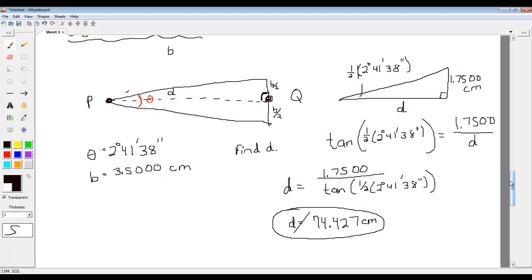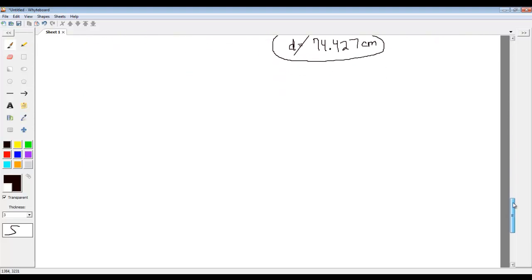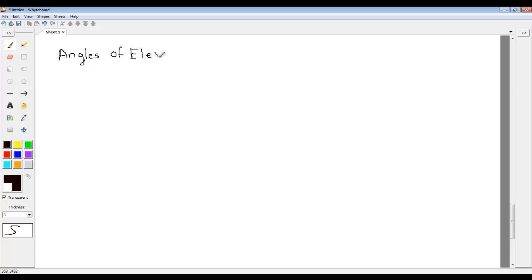Okay. Then one more example. This one involves solving a problem involving angles of elevation again. We're going to revisit angles of elevation. But it's a situation where you really can't truly know how far from the base of something you are.